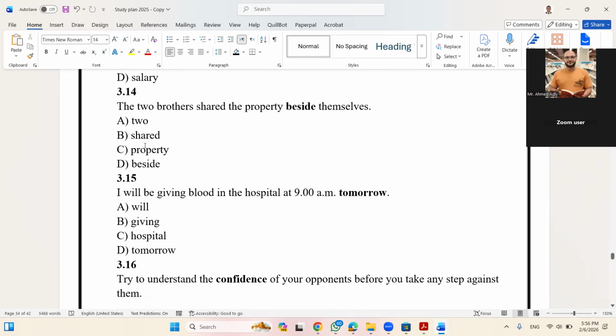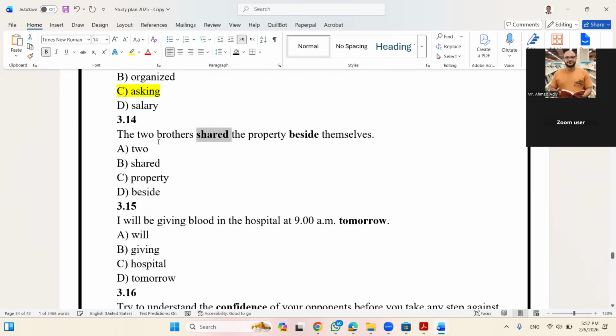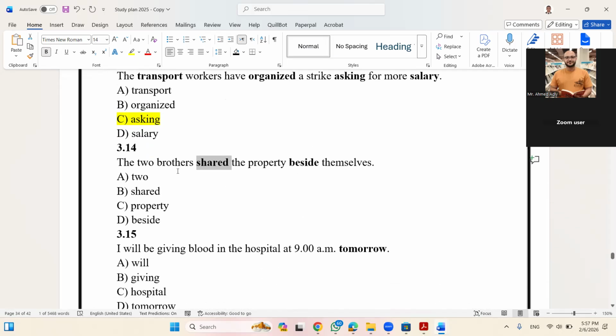The two brothers shared the property beside themselves. Okay, sorry. Shared the property beside two. Okay, replace it. The two brothers shared the property.